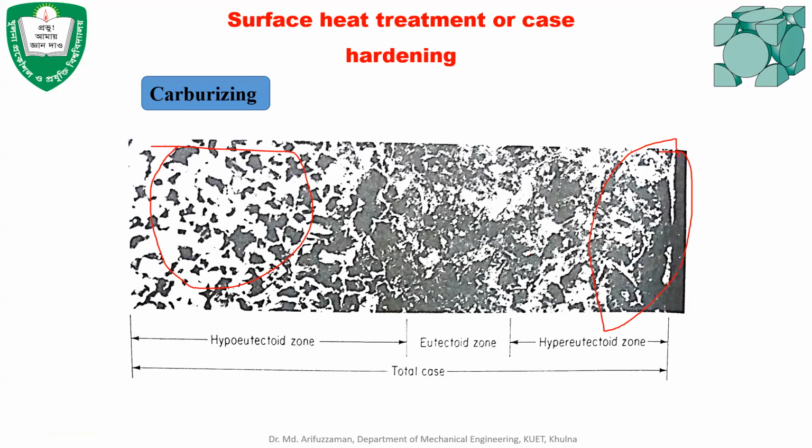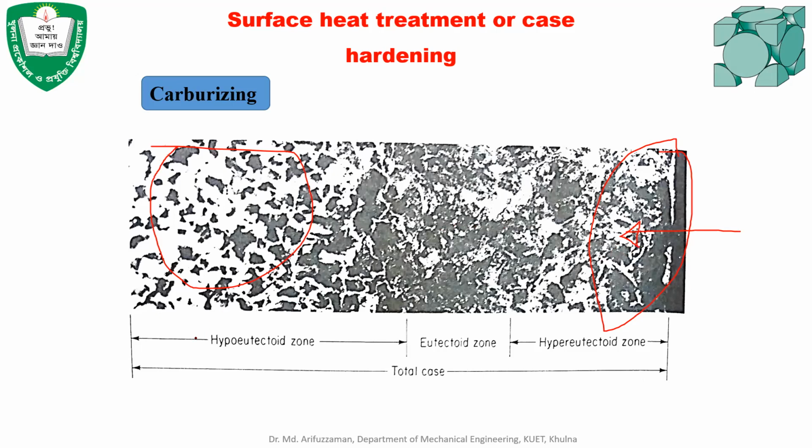In carburizing, carbon atoms diffuse into the structure from the surface, and it depends on the time, how long you keep the iron at that temperature in that environment.